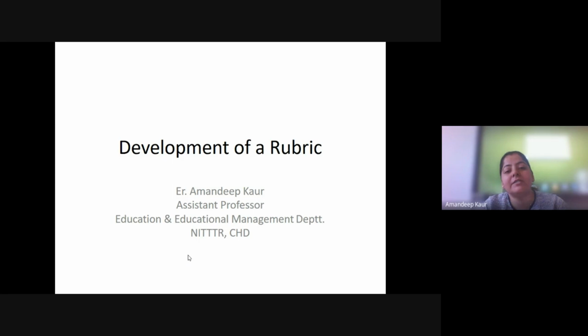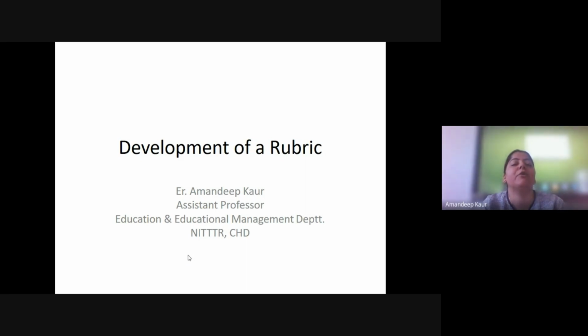Say, for example, if the head of department gives you the responsibility to design a rubric as a tool for evaluating student performance, one or two faculty members can take the initiative to design that rubric. Once that rubric sheet is prepared by those faculty members, it needs to be distributed among all the faculty members of the department.